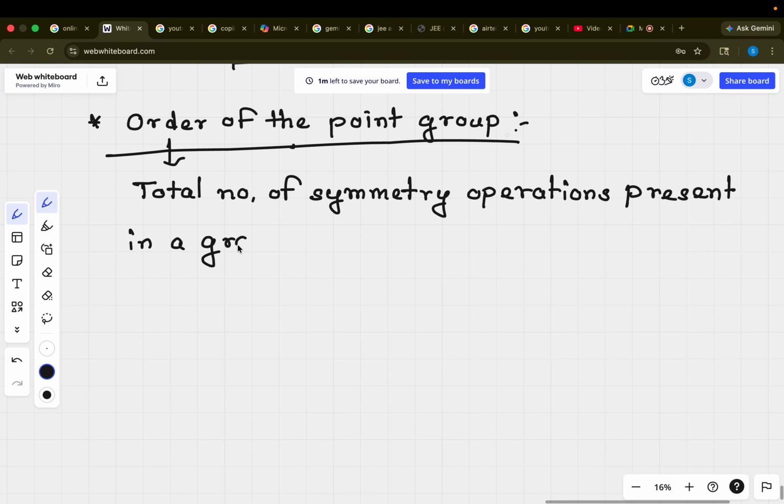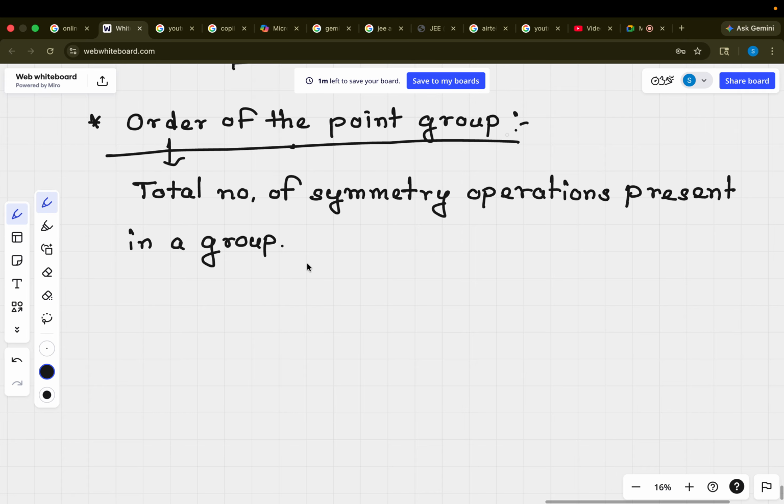So this is basically order. Order means the total number of symmetry operations present in a group, or you can say the total number of symmetry operations you need to apply on a molecule to get the original configuration back.